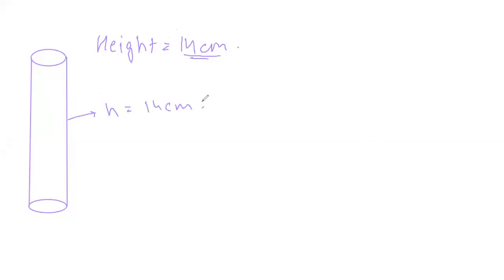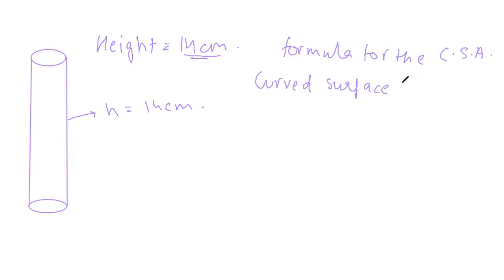If you have memorized all the formulas displayed in the previous video thoroughly, the formula for the CSA, in the sense curved surface area, of the cylinder is equal to 2 pi r h. Now, the question will give you a bunch of values.